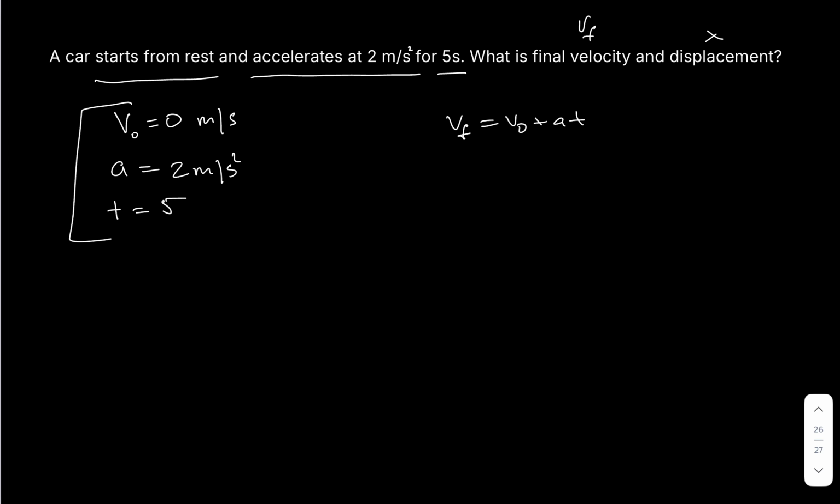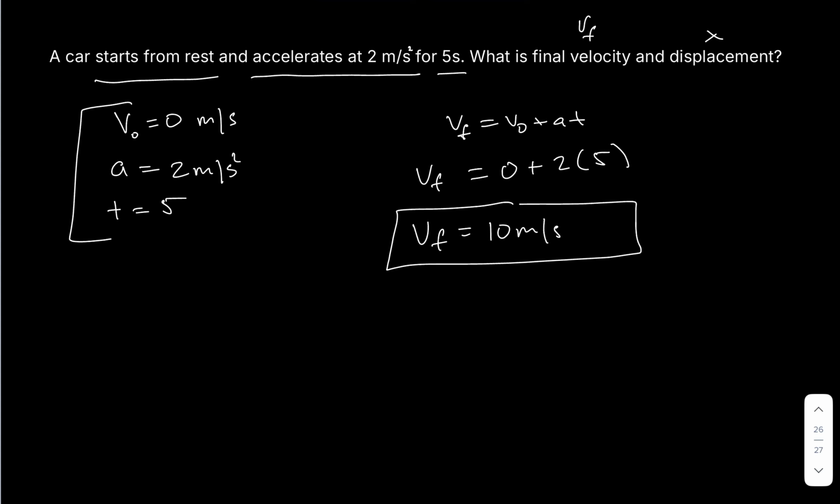So now I'm just going to plug everything in. I have vf is equal to 0 plus 2 times 5. V final is equal to 10 meters per second. And notice how in this case, I don't know which direction it is going. Right, left, up, down, doesn't matter. So technically, this could be a speed.